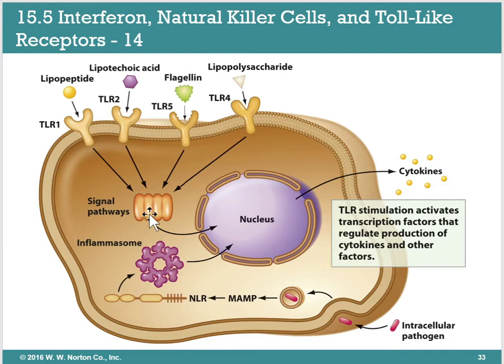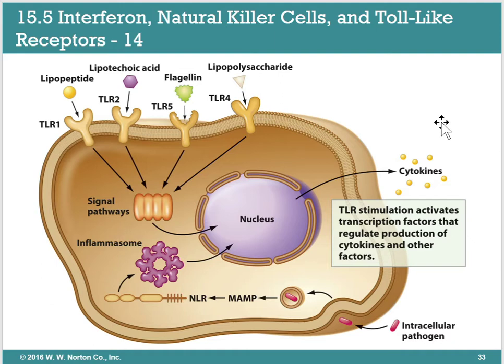It goes to the nucleus and tells the nucleus to do something, and in this figure a lot of times it shows that cytokines are being produced, as well as other factors. It's not just cytokines, but what I want you to know is that you have binding of a specific MAMP to a specific TLR, and a signaling cascade that travels to the nucleus.